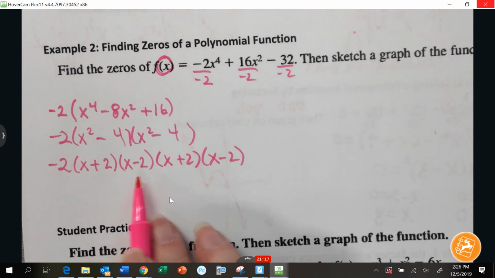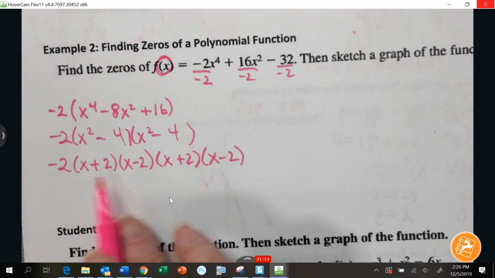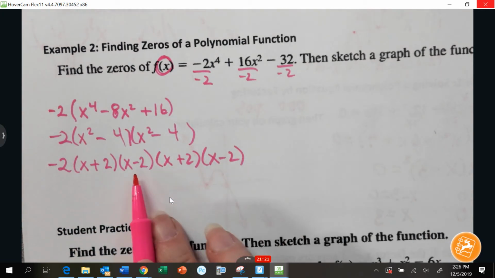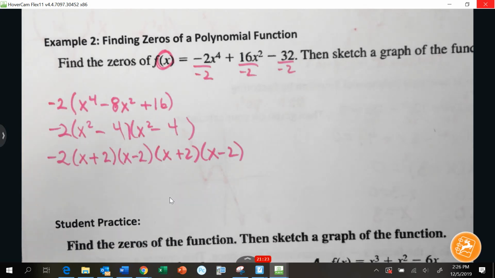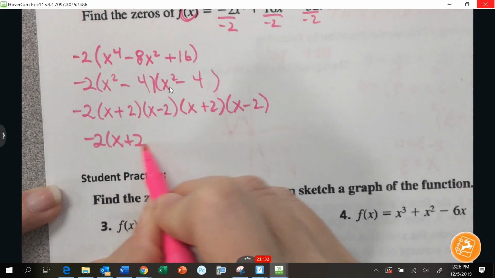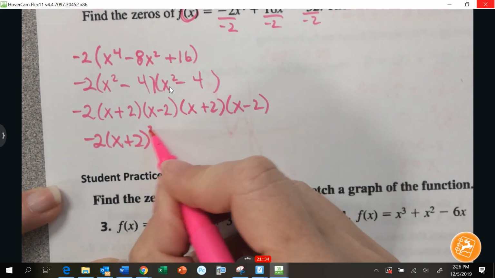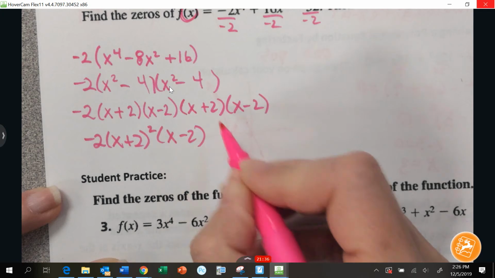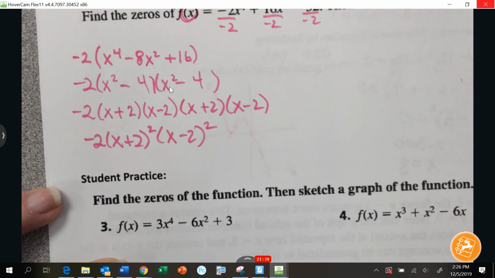So do I have all linear factors here? Are they all x to the firsts? Yes. So now I'm done factoring it, except I am going to combine the ones that are the same. So negative 2 times x plus 2 to the second times x minus 2 to the second.